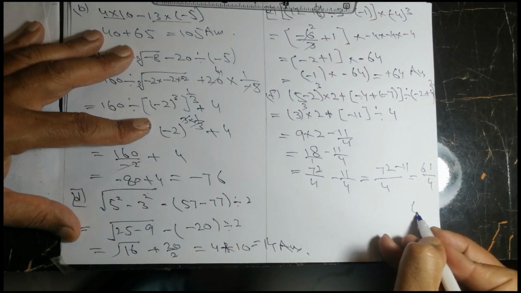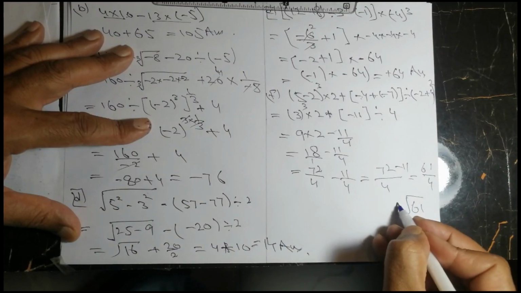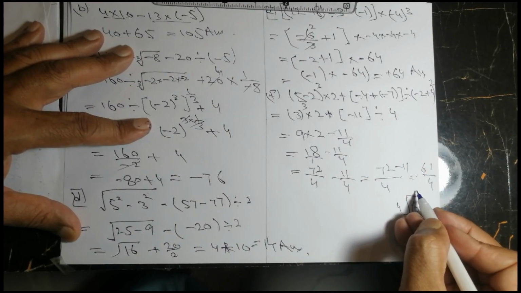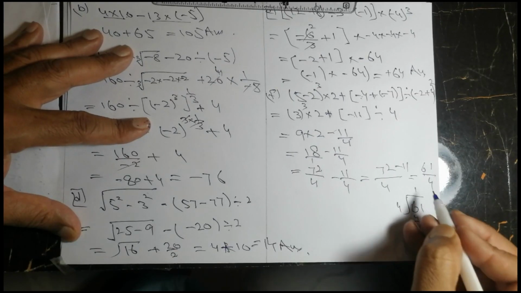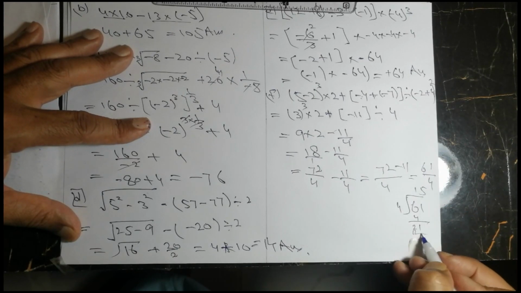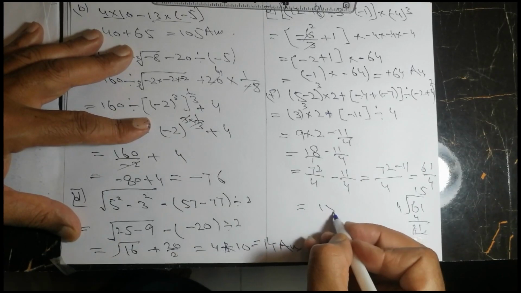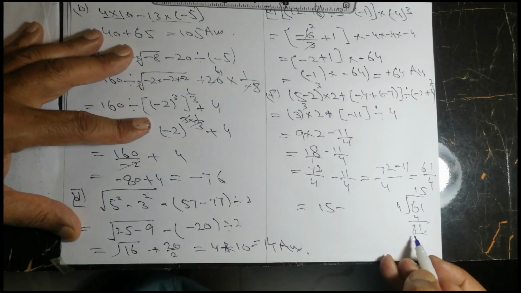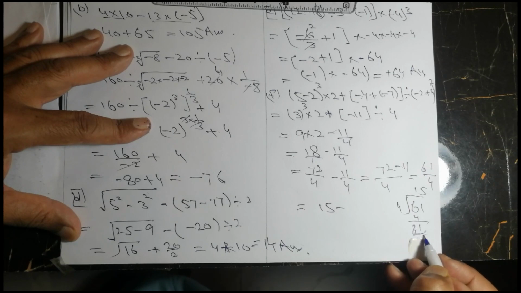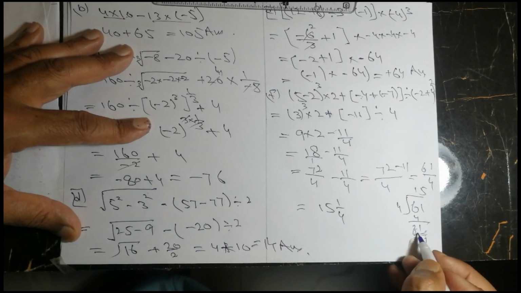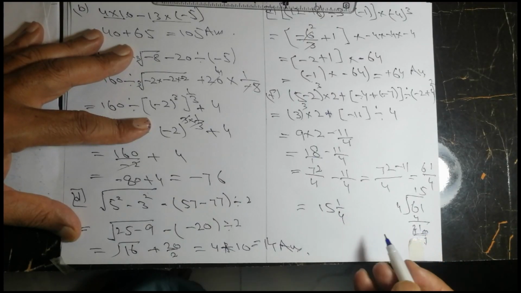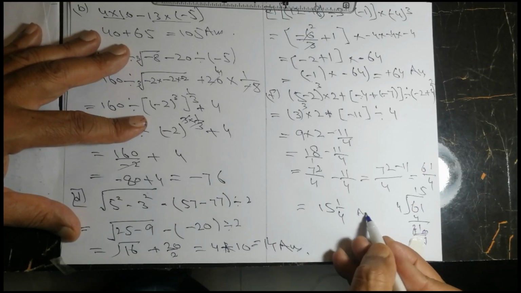So divide this: 4 1s are 4, 4 5s are 20. So this is equal to 15 whole 1 by 4. So this is the answer.